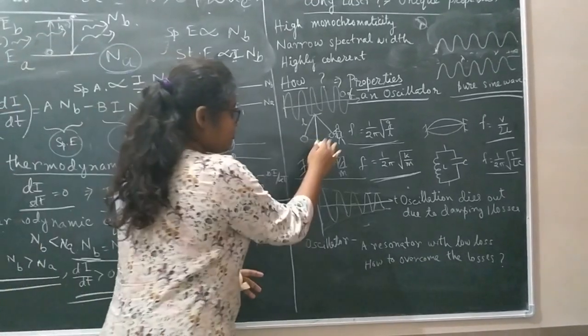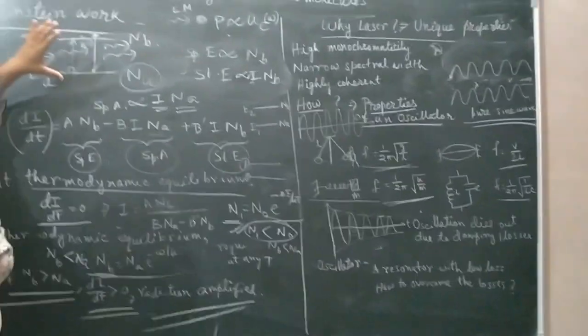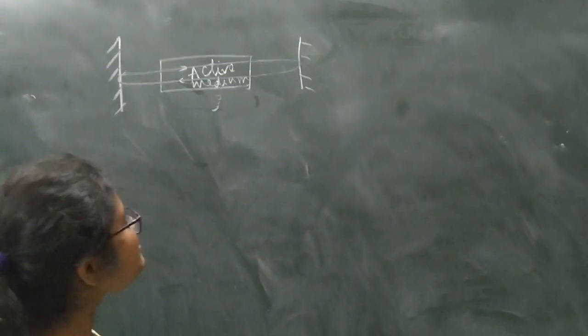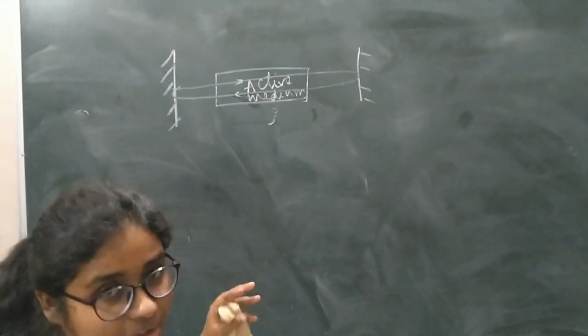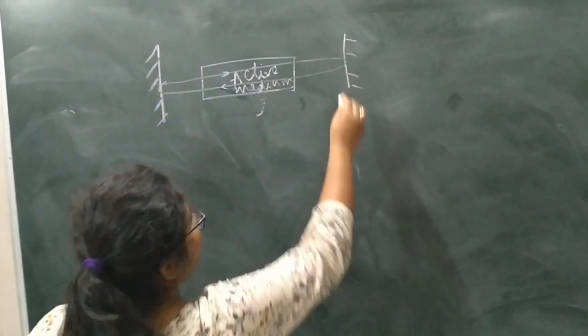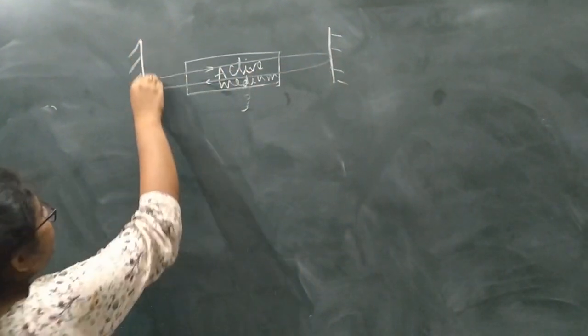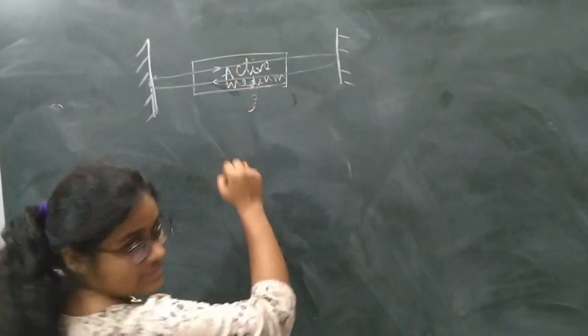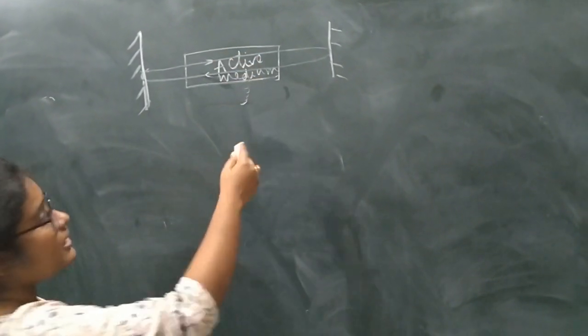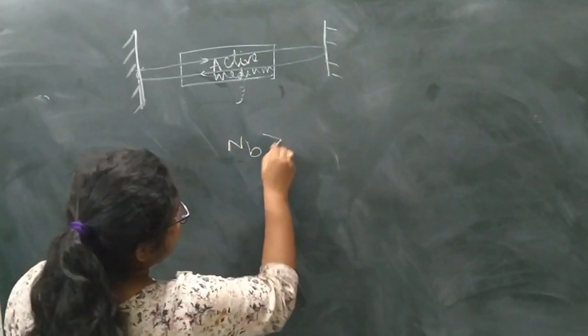So if you do the same thing in the case of the atom, there should be something which will amplify the oscillation. So if we put two mirrors here, that is, you have an active medium where population inversion is given. You have a laser medium which can build up NB greater than Na.